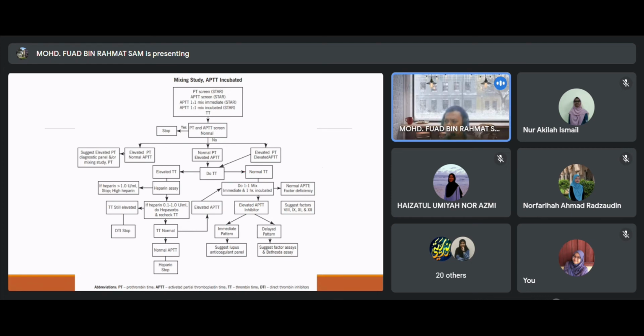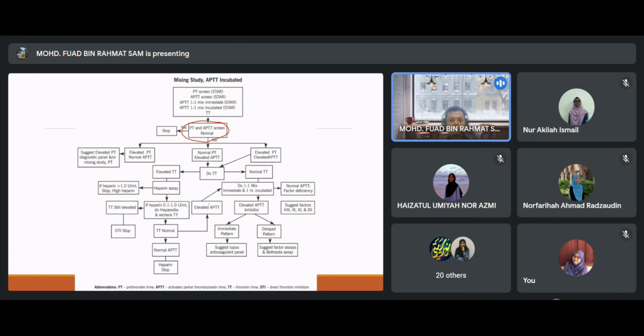So this ni dia punya flow ni macam-macam lah, ya. Tapi kalau you guys lihat this PT, APTT screen normal, kita tak payah buat apa-apa lah, right? Tapi kalau dia prolong PT or APTT, that's why kita akan proceed dengan mixing plasma. Okay, so nanti bila adalah dia punya kalau ada elevated TT, normal TT, TT ni apa pula?